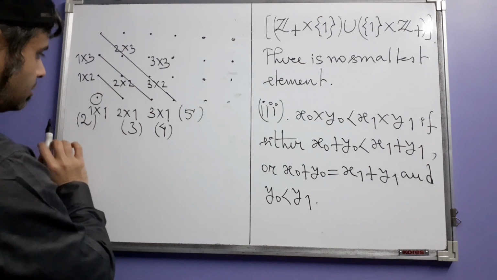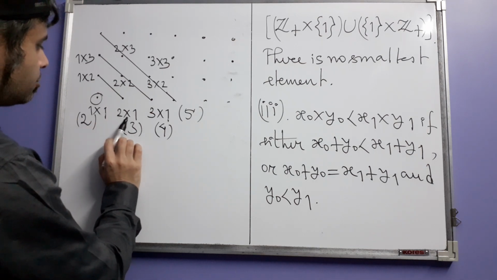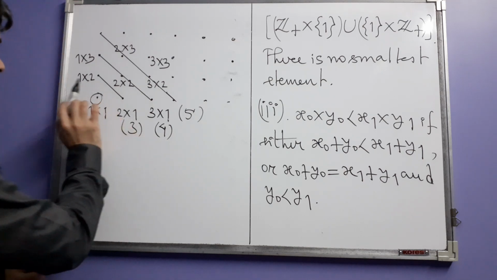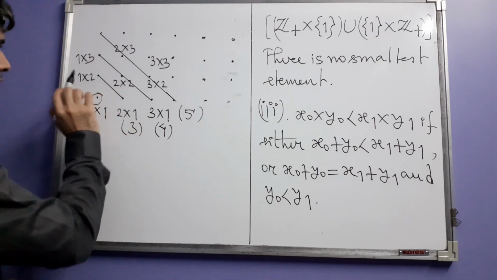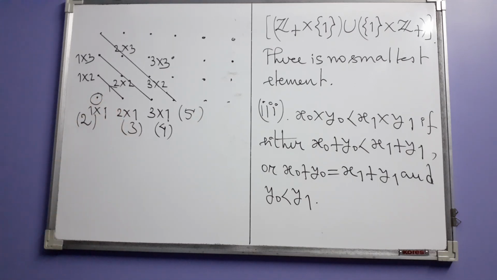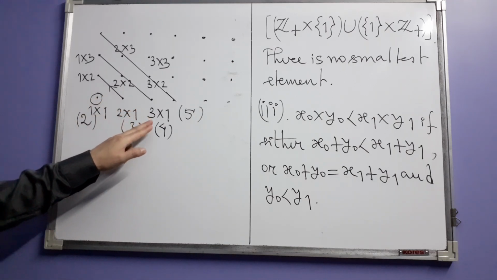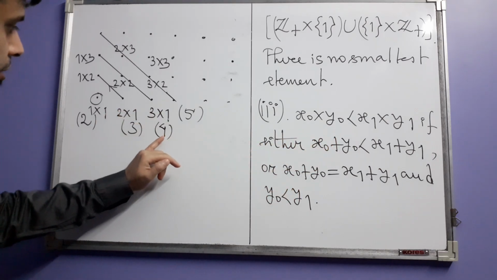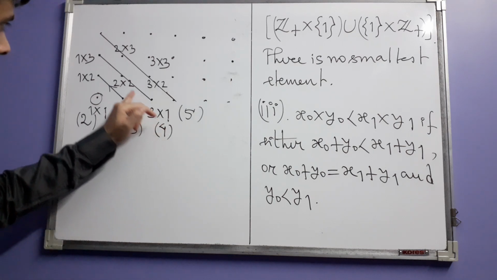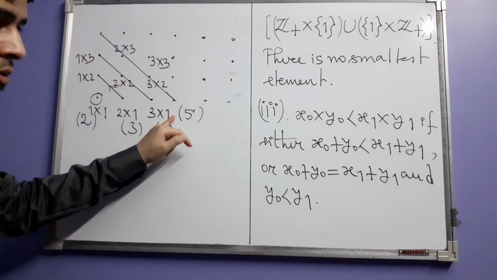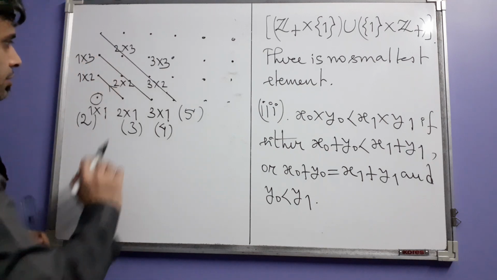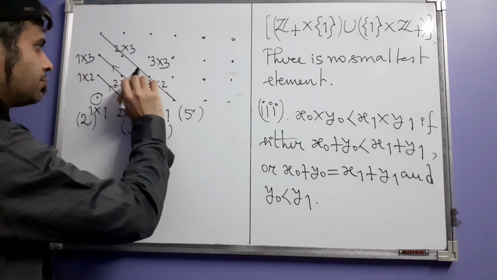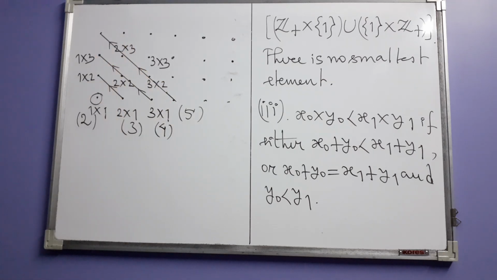On this line, the point (2, 1) has lower y coordinate than the point (1, 2). So this one is higher. So the direction of increase is this. Similarly, here the sum of x plus y coordinates is 4 for all points on this line. So then we look at the y coordinates 1, 2, 3. So here the elements increase like this, and that's the same direction on each line.